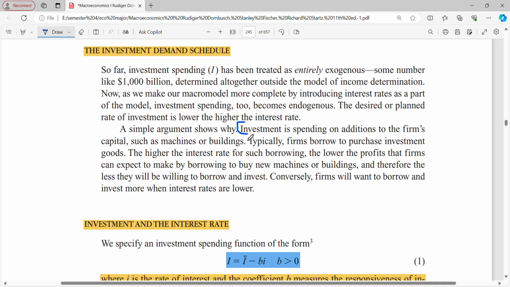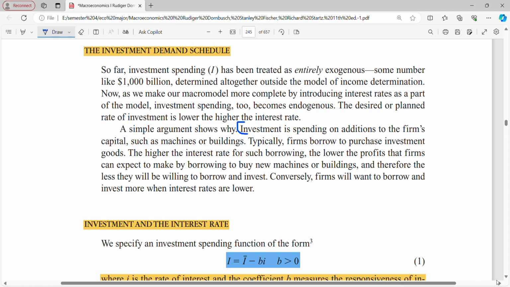Typically, firms borrow to purchase investment goods. The higher the interest rate for such borrowing, the lower the profits that the firms can expect to make by borrowing to buy new machines or buildings. Therefore, the less they will be willing to borrow and invest. Conversely, firms will want to borrow when interest rates are lower. Investment will increase when the interest rate is lower.